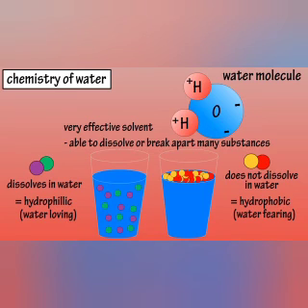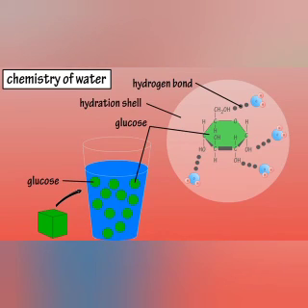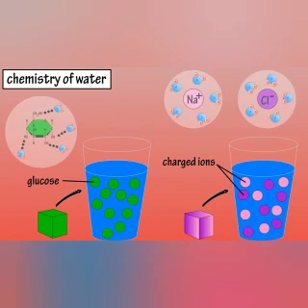Some substances, such as glucose molecules, dissolve and remain intact in water, as water molecules surround the substance, forming a hydration shell around the molecule. Some substances dissolve and dissociate or break apart in water. Table salt, or NaCl, when added to water, will dissociate to form positive sodium Na+ ions and negative chloride Cl- ions, with hydration shells forming around each ion.